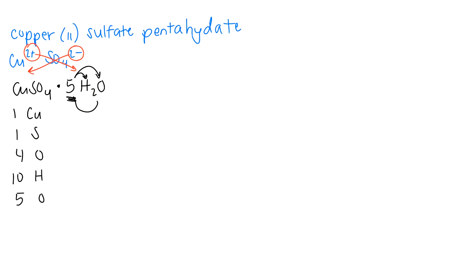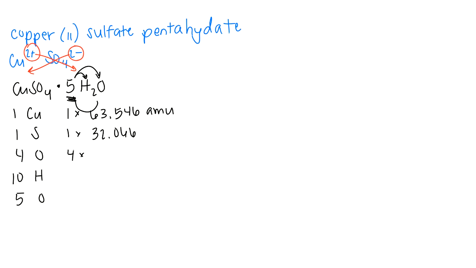So we can go to our periodic table and we look up copper. So 1 times the mass of copper, which I have as 63.546 AMU. For sulfur, we have 1 times its mass is 32.066 AMU. 4 times oxygen.